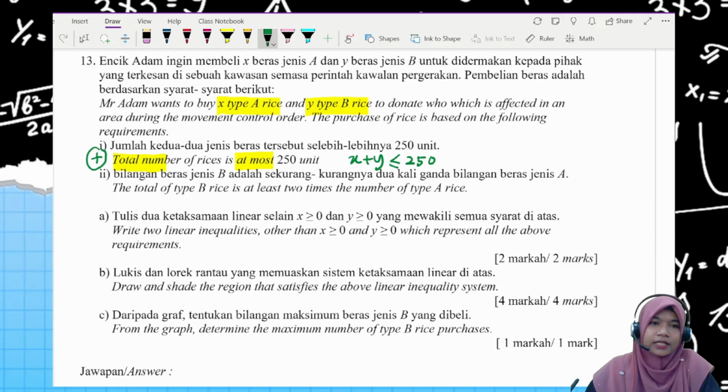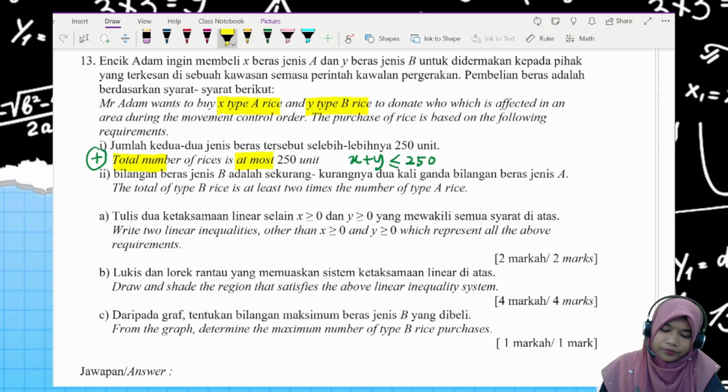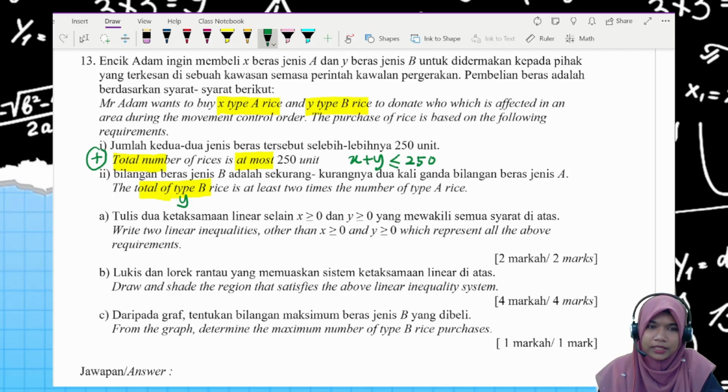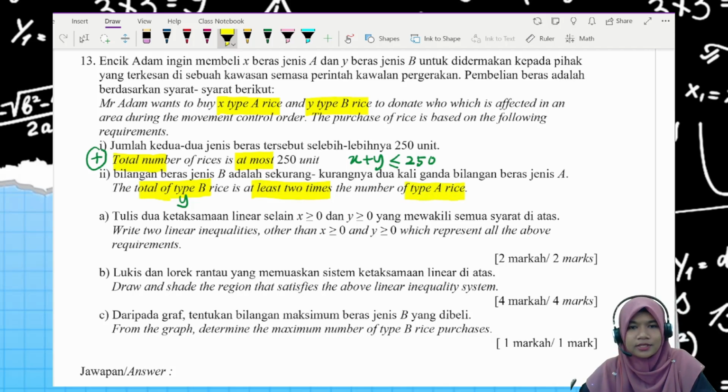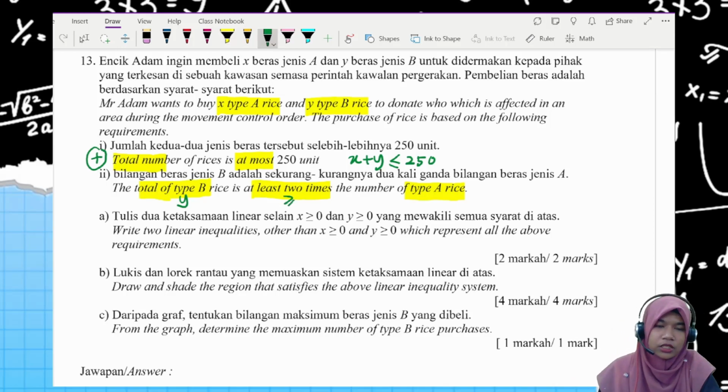For the second requirement, the total of type B, type B is y, is at least 2 times the number of type A rice. At least, so it is greater than or equal to, 2 times, twice. Type A is x. So the inequality now is y greater than or equal to 2x.